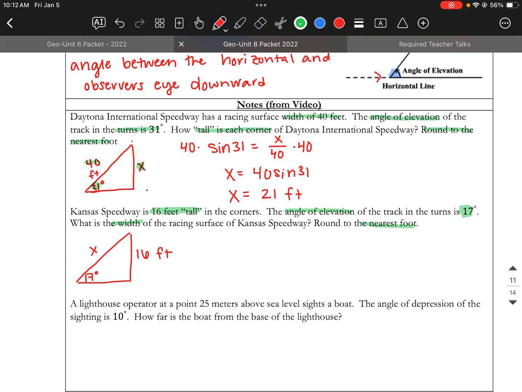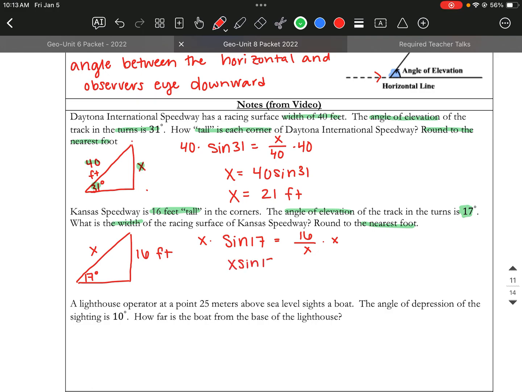Again, the width is the hypotenuse because that's the distance from the inner part of the track to the upper part of the track. We are going to use sine again. Sine of 17 equals 16 over x. You always want to multiply both sides of your equation by the denominator.